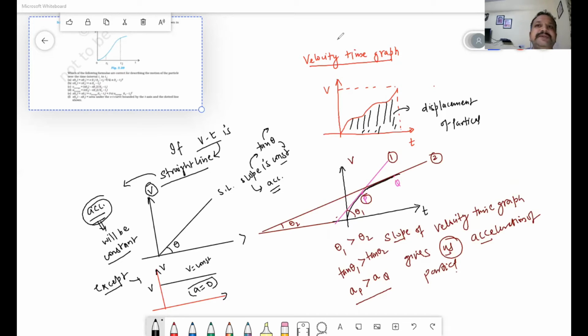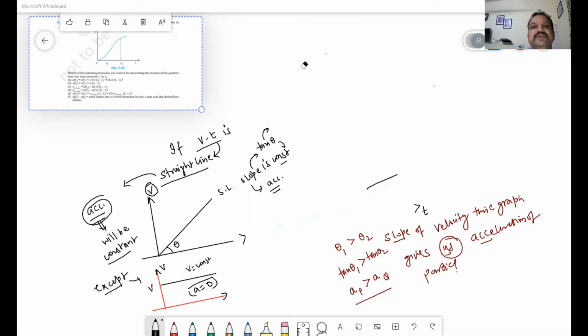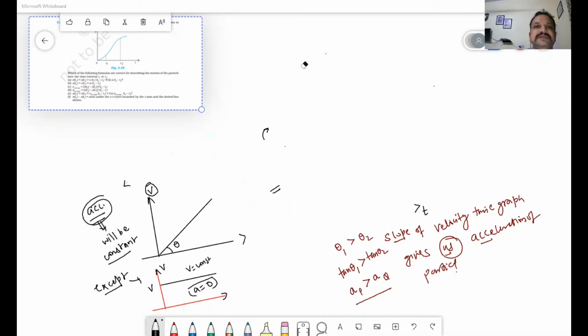Now comes the next point, about the equations of motion, the three equations related to a particle which is under motion in a straight line.